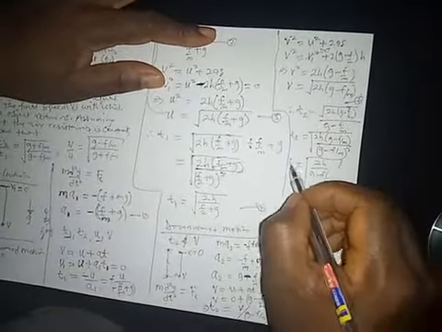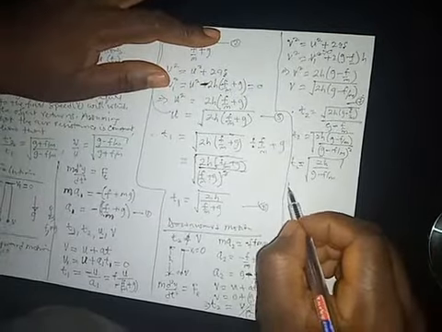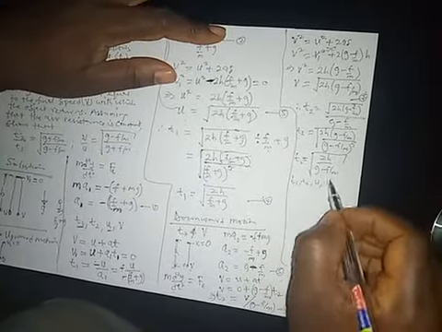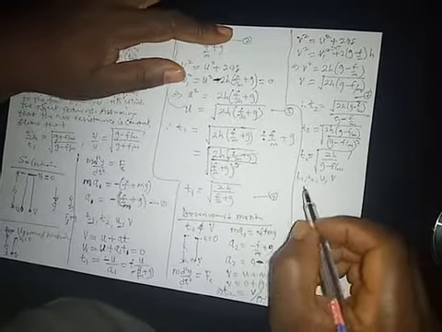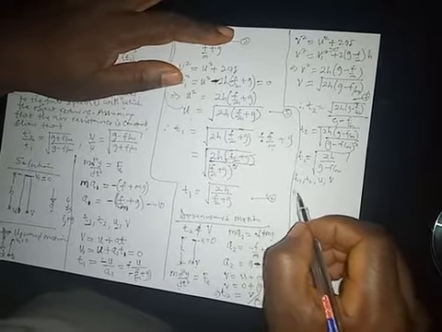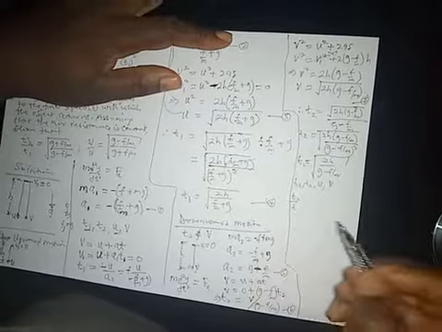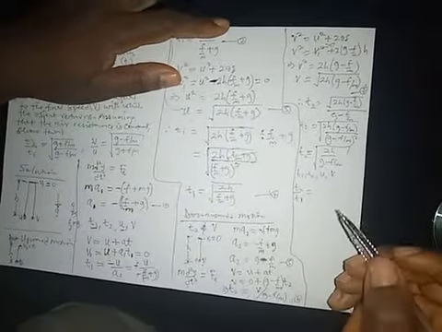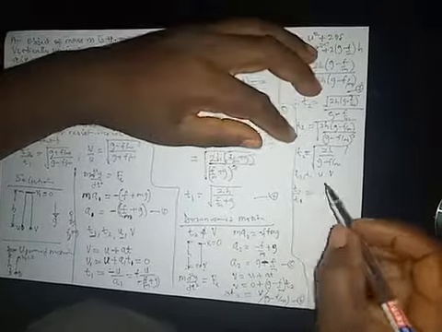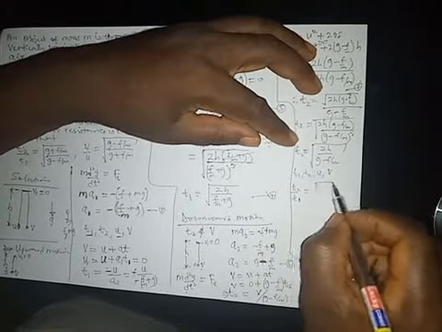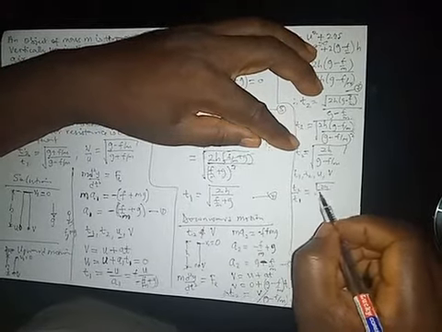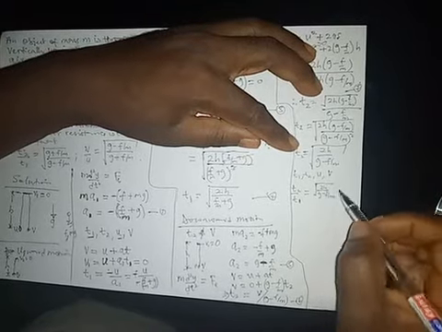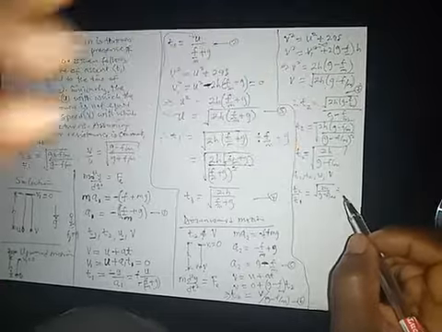We have t1, we have t2, we have u, we have v. Therefore, we can now find t2 over t1. T2 is the square root of 2h over g minus f over m, divided by t1.